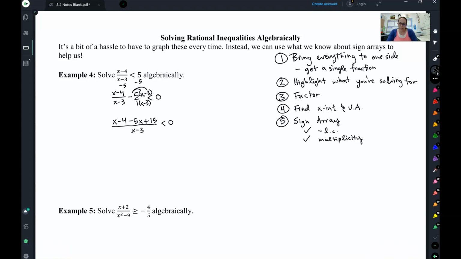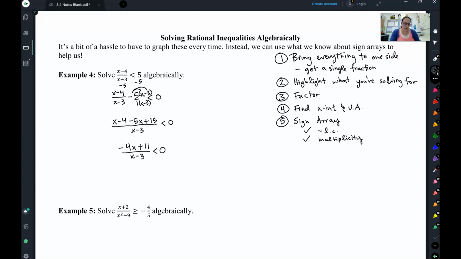Combine our like terms, x minus 5x is negative 4x. Negative 4 plus 15 is a positive 11 over my common denominator. And there we go, step 1, check. We brought everything to one side and we got it to be a single fraction.